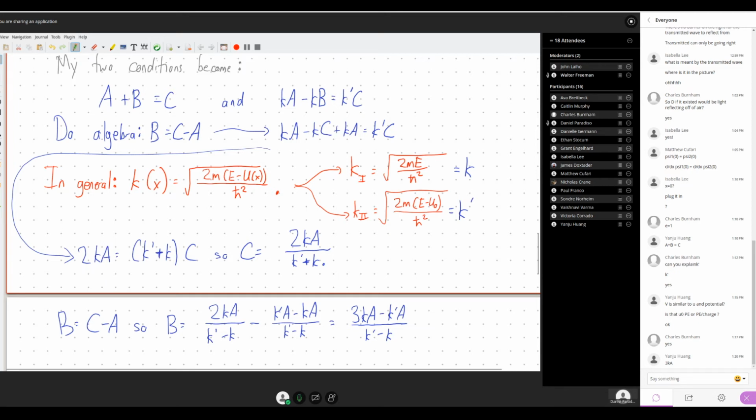Thank you. So all of the k primes minus k's ought to be k prime plus k's. So that means that the numerator I get ought to have a plus sign, and that 3 should not be there. There we go.